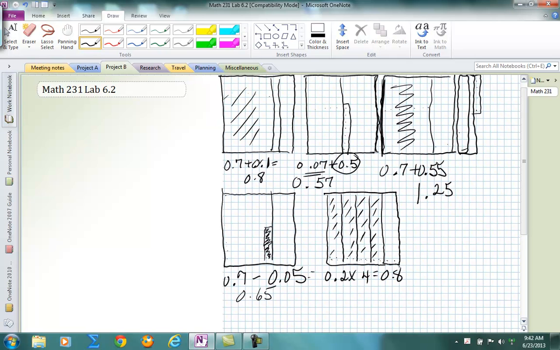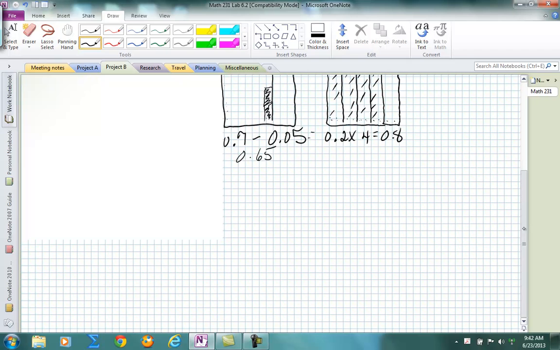When you are modeling a decimal times a decimal, this is the cool part that you get from using graph paper. So let's say that I want to model 2/10 times 4/10.